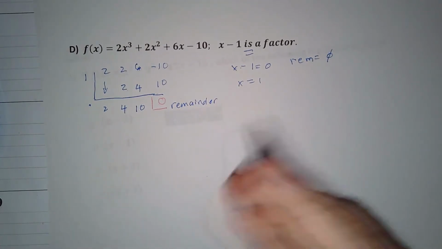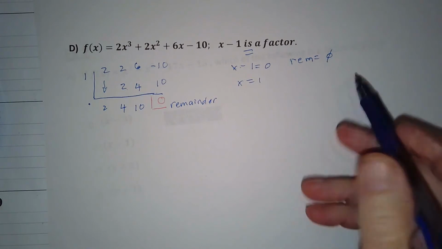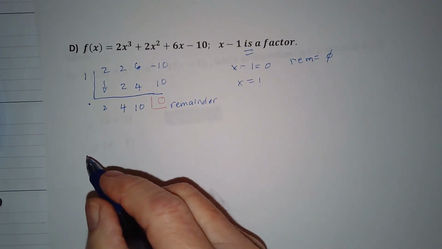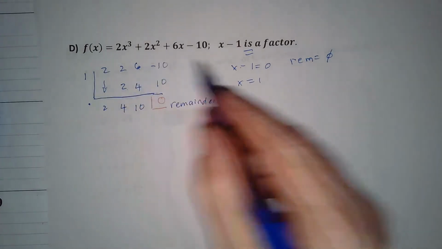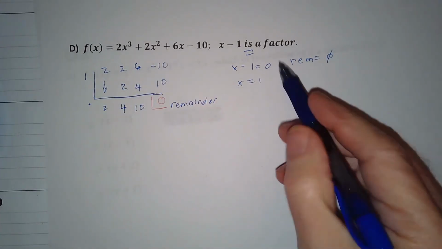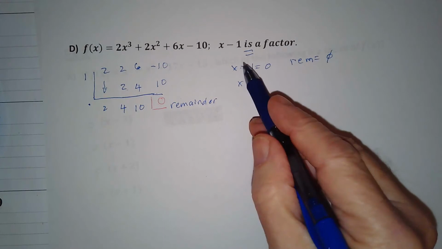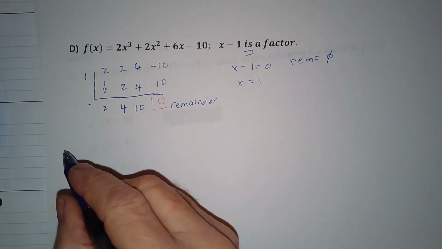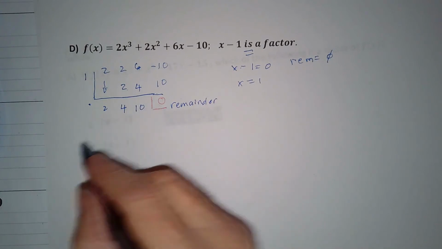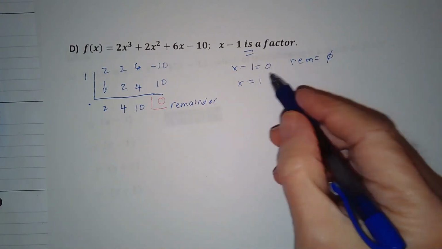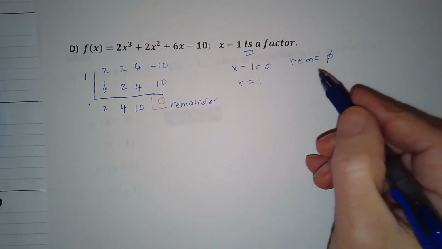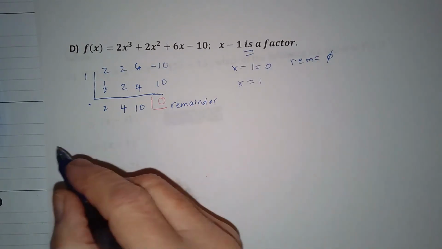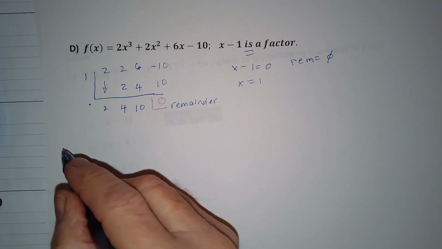All right. So I'm proving that this is a remainder, and so it's a factor as well. If 0 is the remainder, then the factor is x minus 1. Okay? So let's go ahead and, now that we've got this, let's use that x minus 1 over here as the first factor.